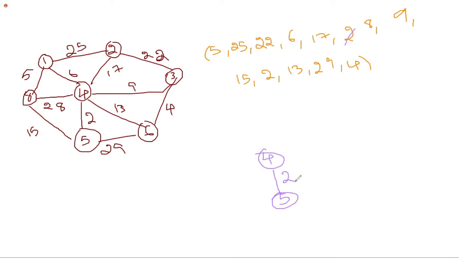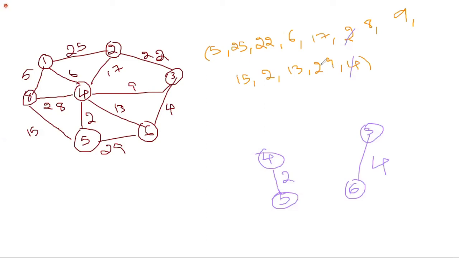Next minimum one. Among all the costs, next minimum one is? Please respond. 4 is the minimum one. Where are you getting this 4? 3 to 6. So 3 to 6 is the minimum one. Why am I crossing it? Which means we have already visited.